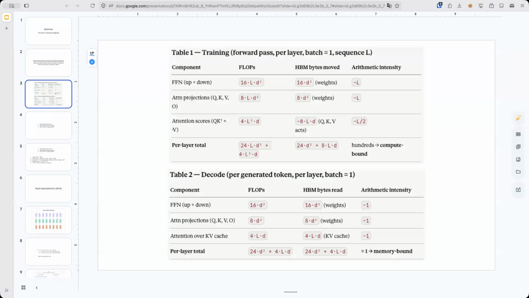And thanks to Claude, I came up with two magical tables. The first one is for training, and we'll see that for the FFN layers, we have 16. I think we can dissect this constant: we have two projections, right? Up projection, down projection.